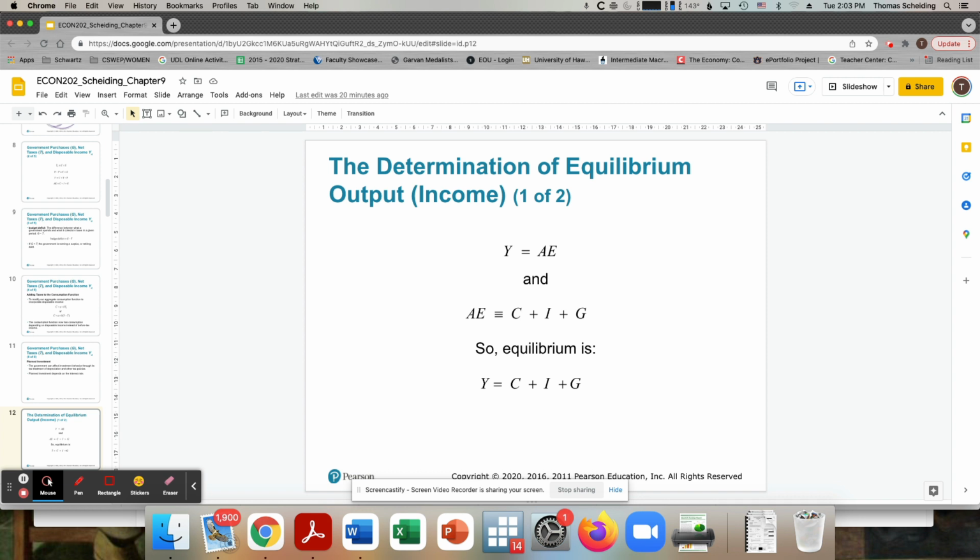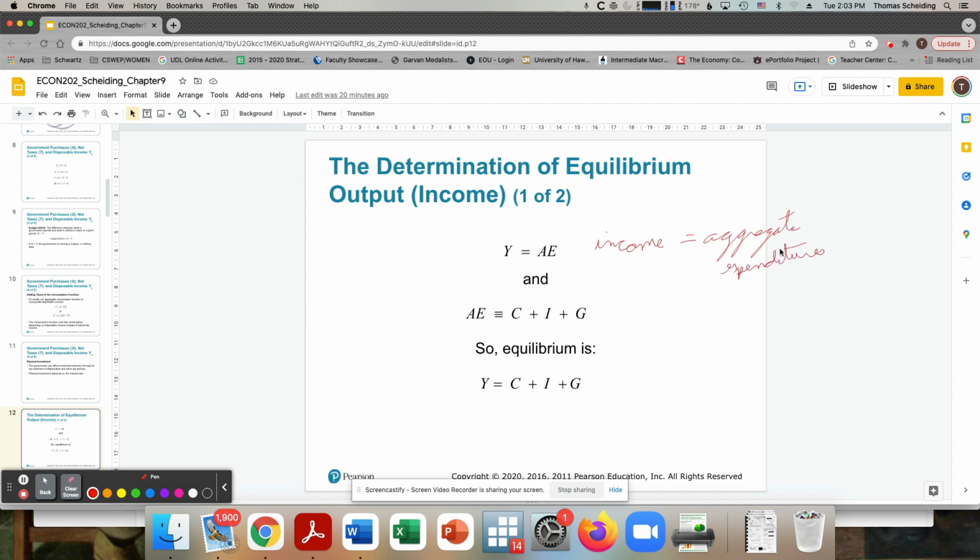The equilibrium in the economy, as we're trying to find the equilibrium in the way that government spending can alter the economy, is found where income is equal to aggregate expenditures.